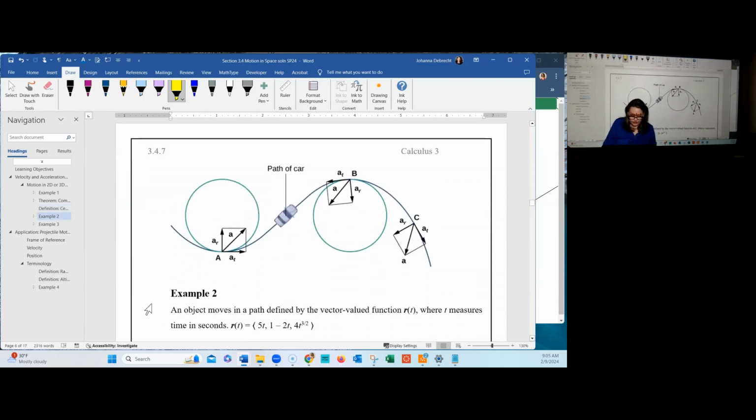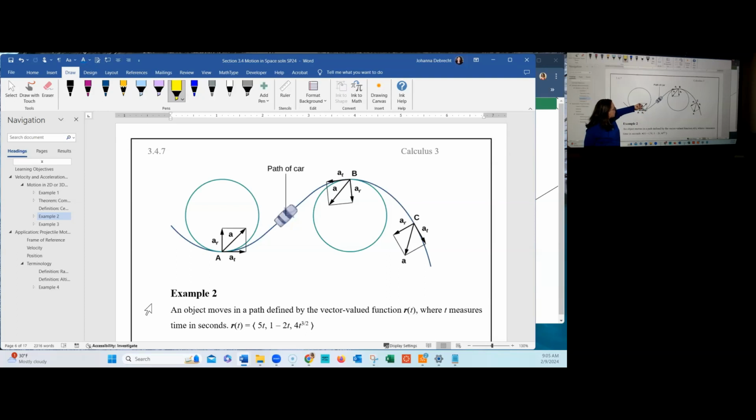So in this picture, we can see that they've labeled it, instead of A sub n, which is what I will typically call it, they've called it A sub r to represent that it's the radial component of the acceleration vector. And what they've done at different points along the car's path is show the acceleration vector as well as its components along the unit normal vector, A sub r, and along the unit tangent vector, A sub t.